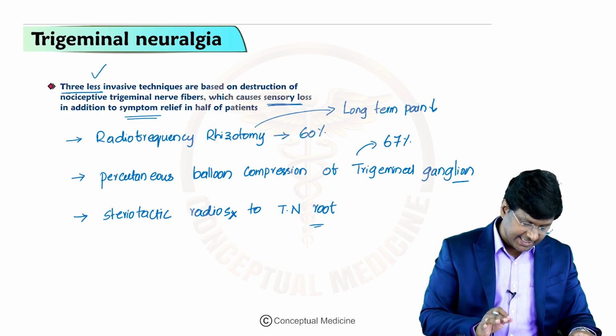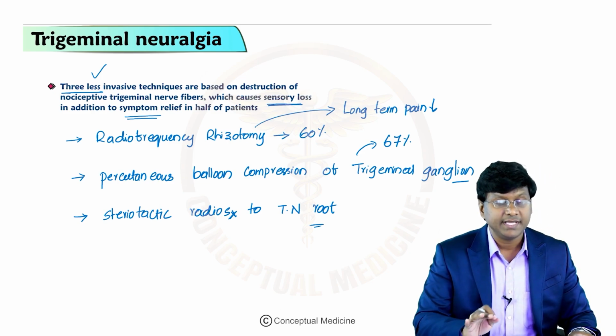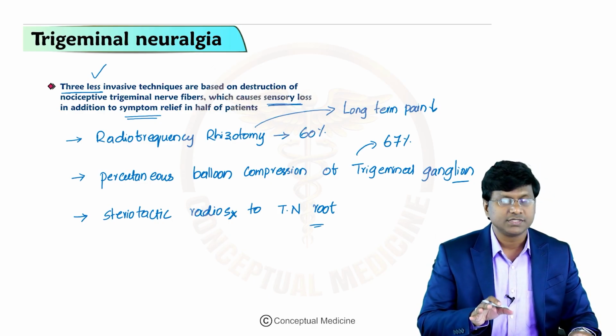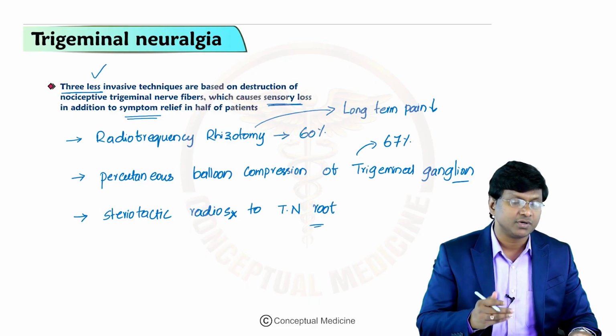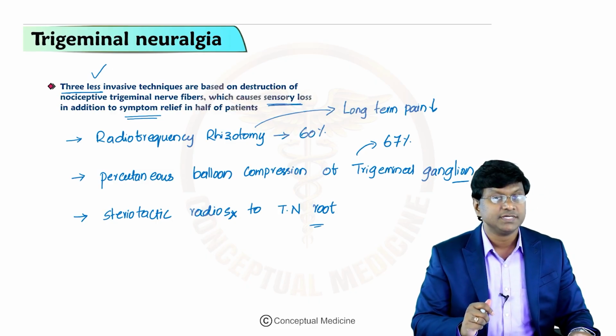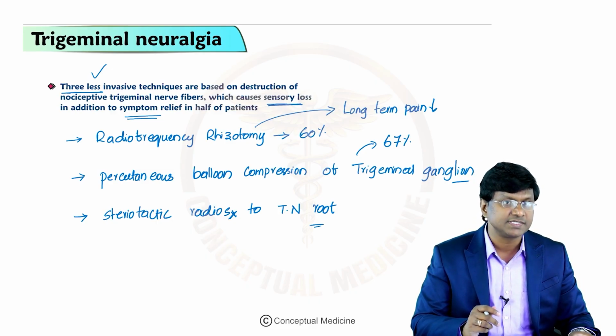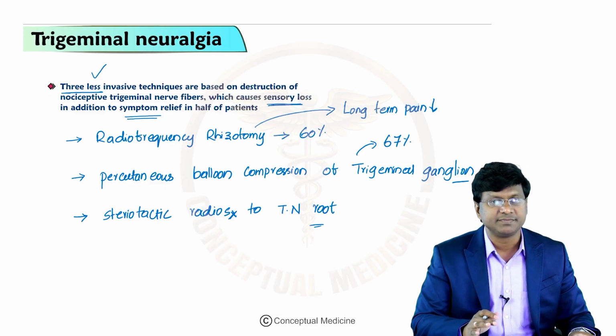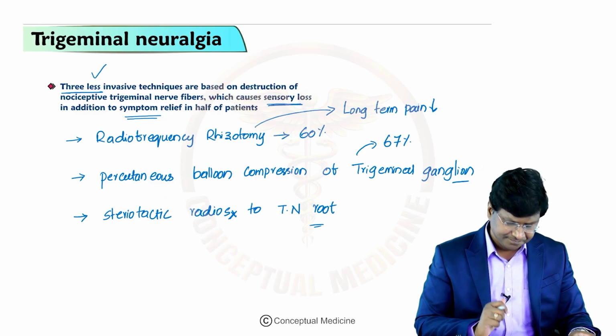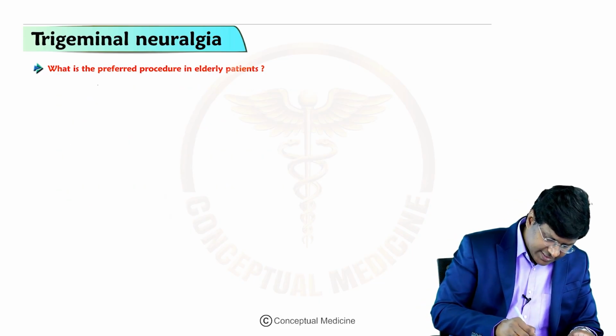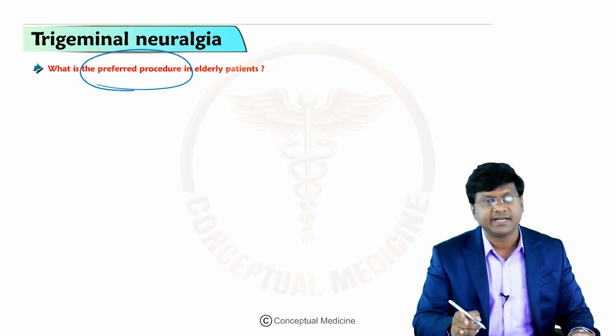So these are the three less invasive techniques, and the basic principle is that they cause destruction of the nociceptive trigeminal nerve fibers, which causes sensory loss in addition to symptom relief in half of the patients. Now, what is the preferred procedure in elderly patients?